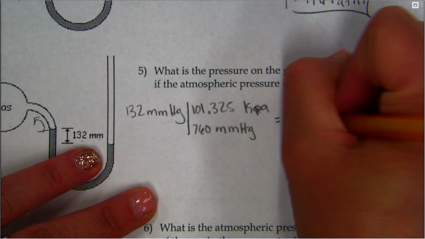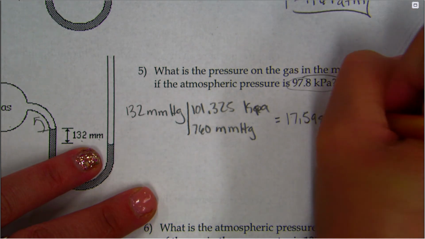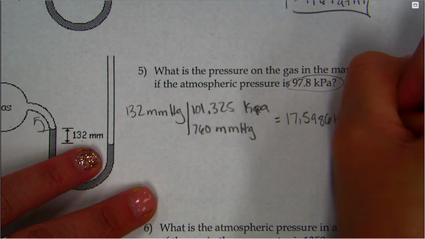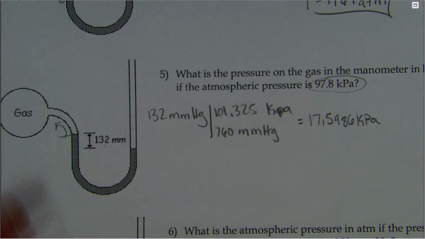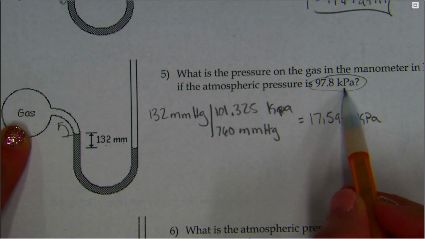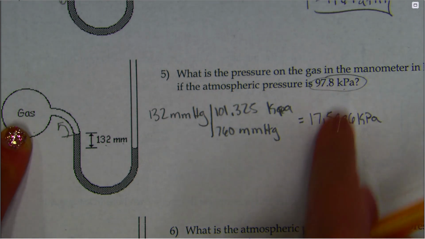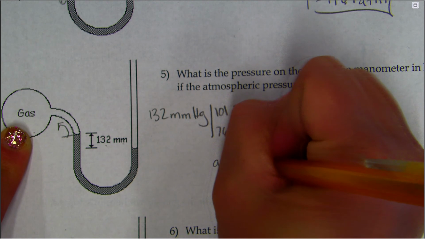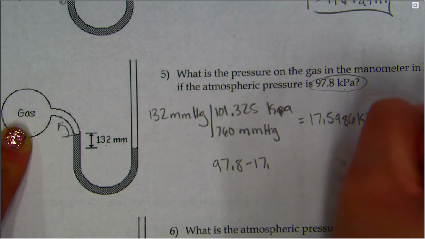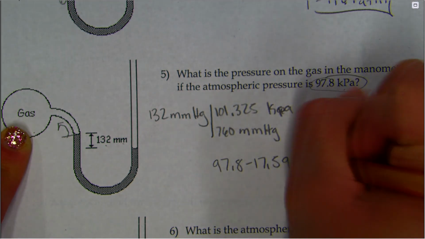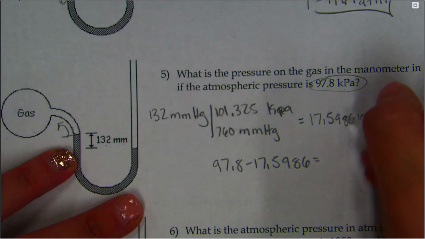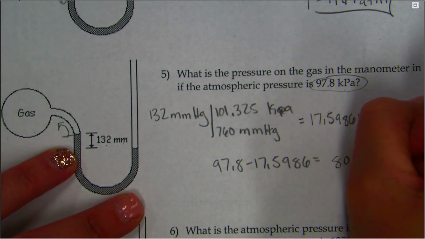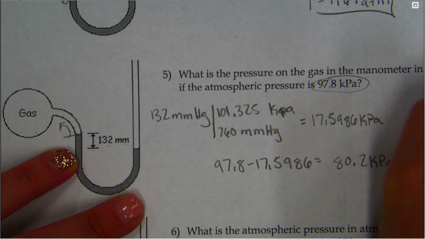I get this value of 17.5986 kilopascals. And again, we're not going to round until the end, okay? Rounding leads to errors. So if my gas is going to be less than 97.8, I have to subtract these two values. So when I subtract these two values, and I'm sticking with my rule of three, 80.2 kilopascals is the pressure of the gas.